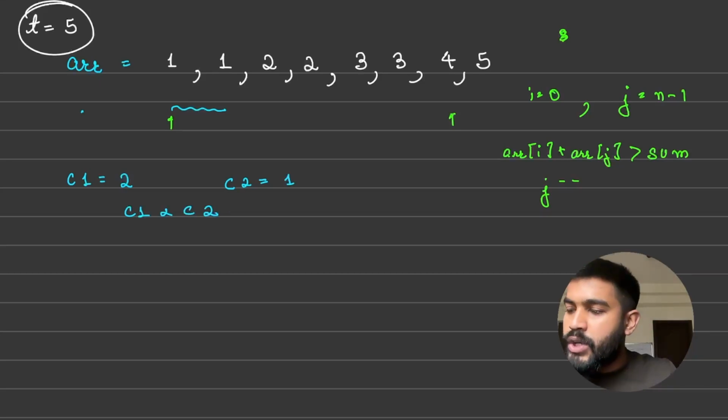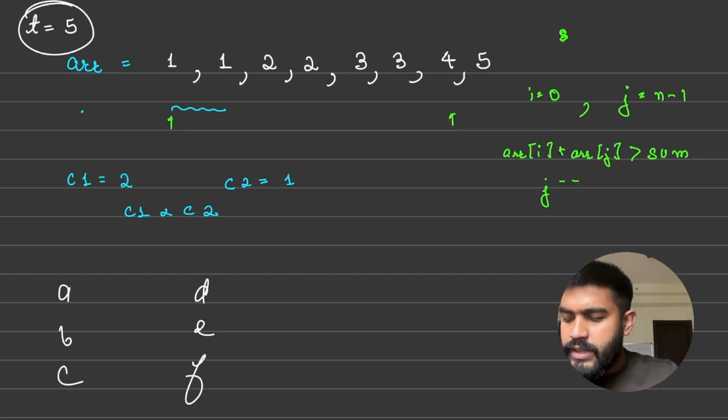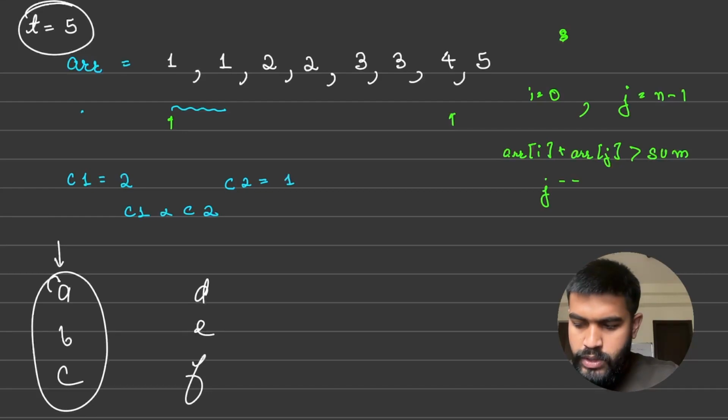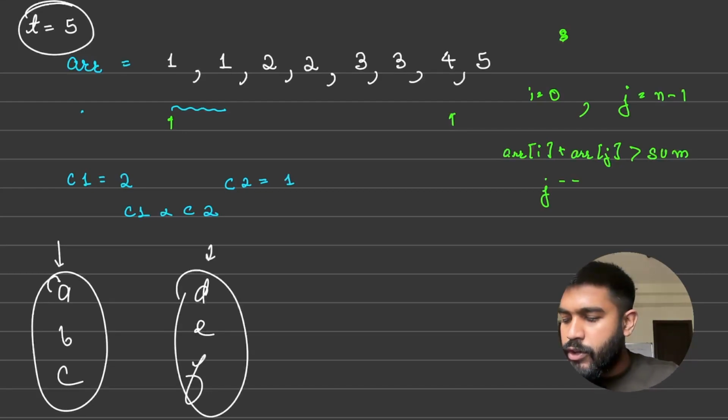Siddharth, how did you come to the conclusion? That's basic mathematics. Still, I would show you. If there are A, B, C, and if there are D, E, F, and you are allowed to choose every time one character from this team and one character from this team, it would be 9 pairs.